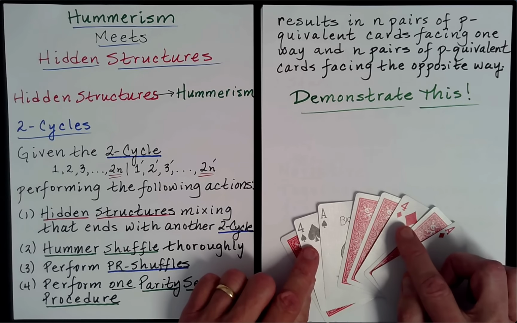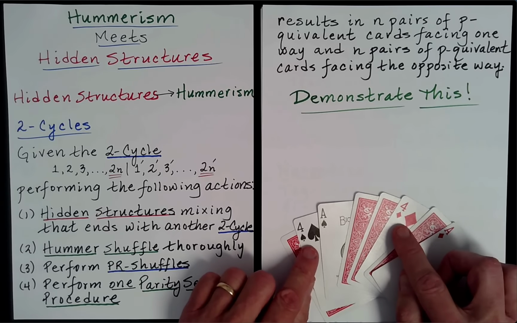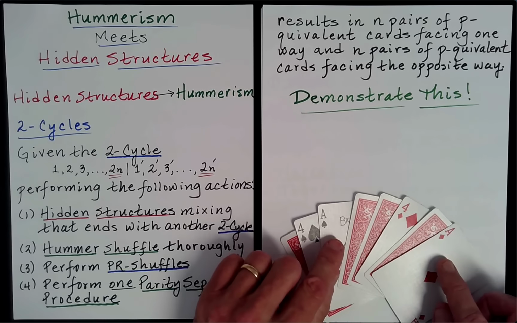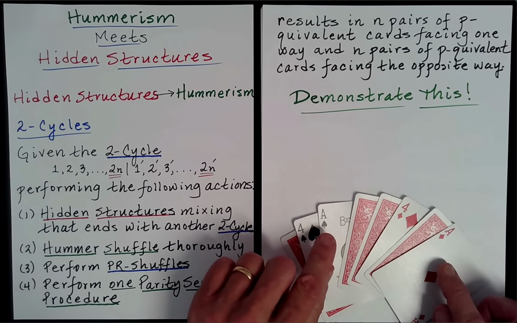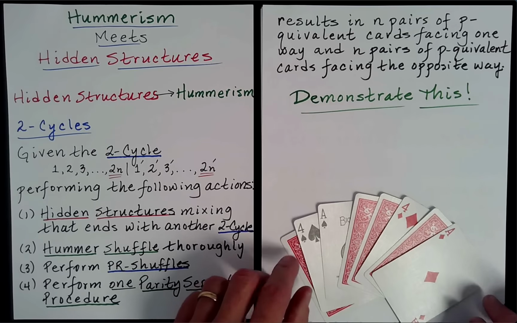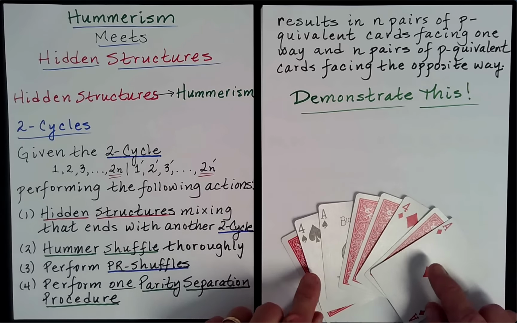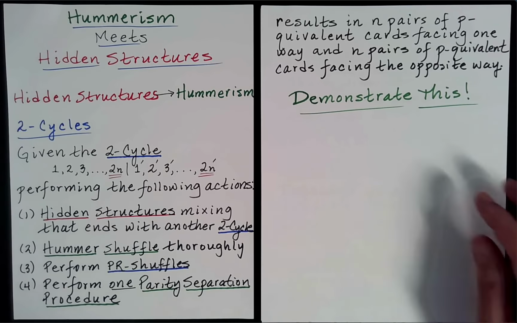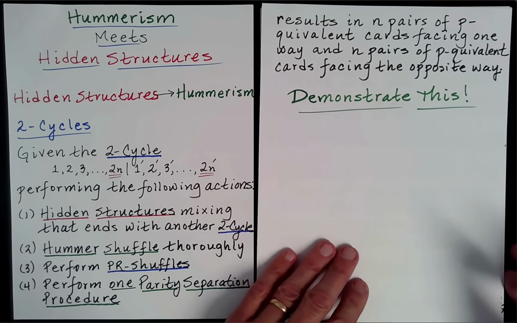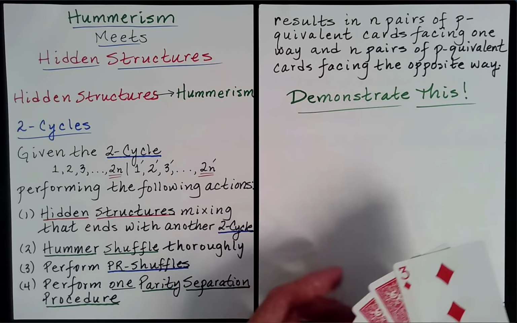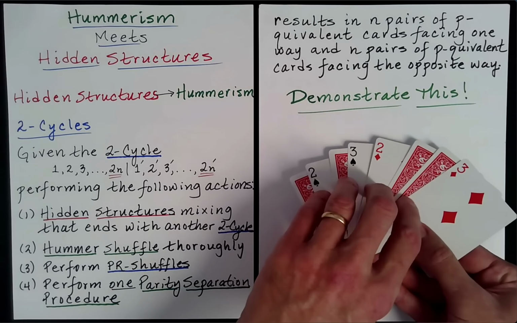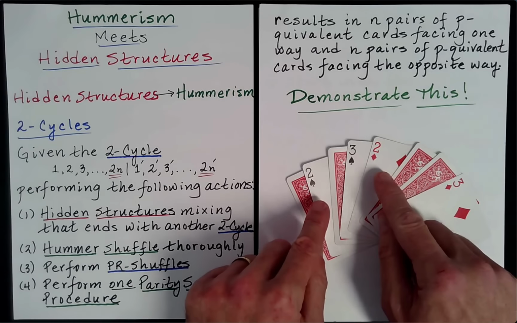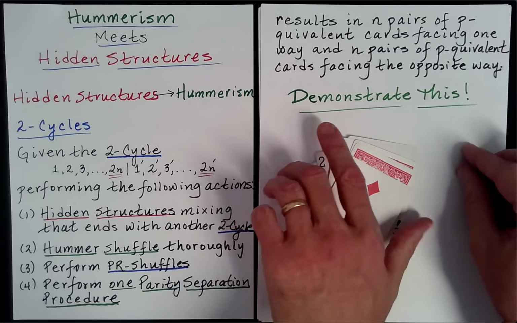So these were p-equivalent, and they're also c-equivalent, right? They have the same value. These were p-equivalent and also c-equivalent. Okay, so essentially we have 2 pairs that match. That's a simpler way to explain it if you don't remember all of the technical vocabulary. And the same thing here. We get 2 2s and 2 3s.